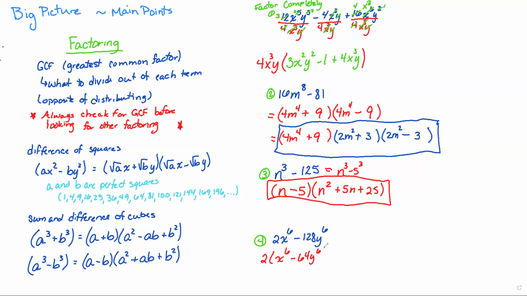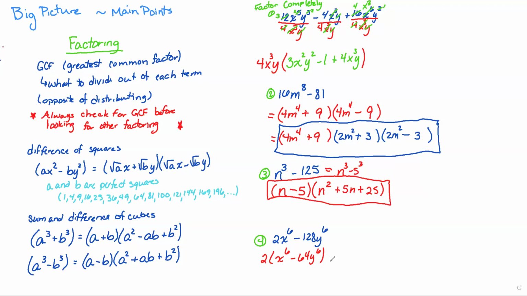All right, so now I have a challenge. I have numbers that are both, it is a difference of squares because my exponents are even and 64 is a perfect square. And it's still a difference of cubes because 64 is a perfect cube.